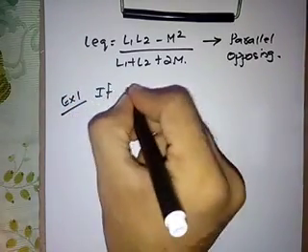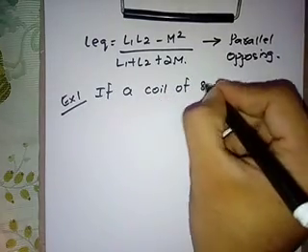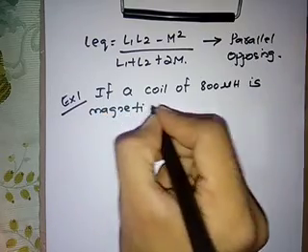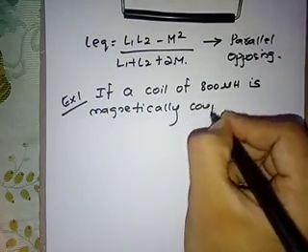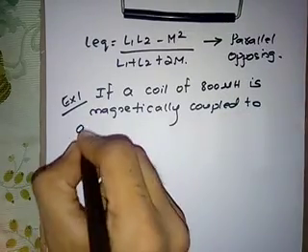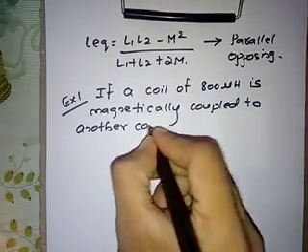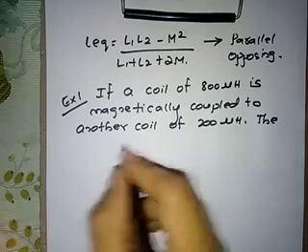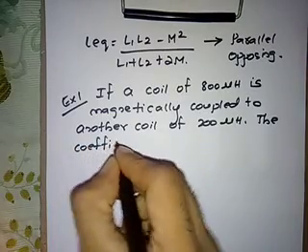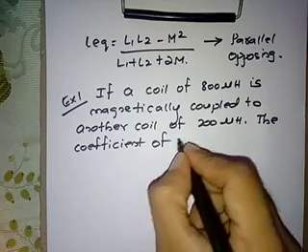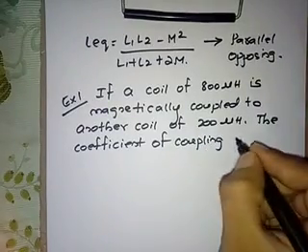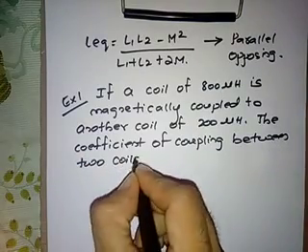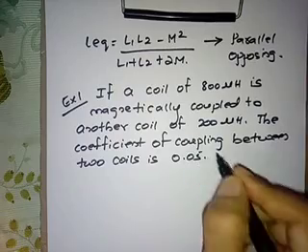If a coil of 800 microhenry is magnetically coupled to another coil of 200 microhenry, the coefficient of coupling between the two coils is 0.05, that is, they have given K.